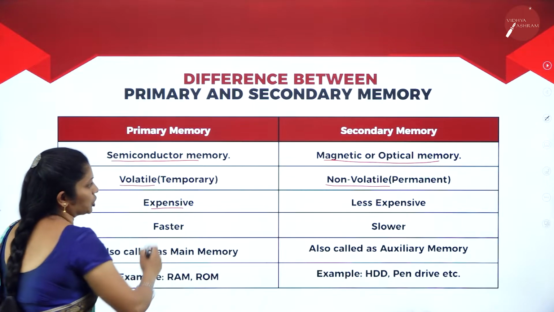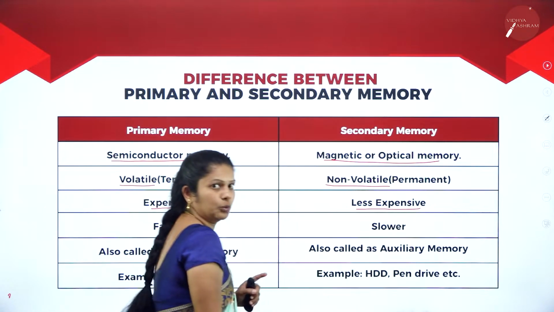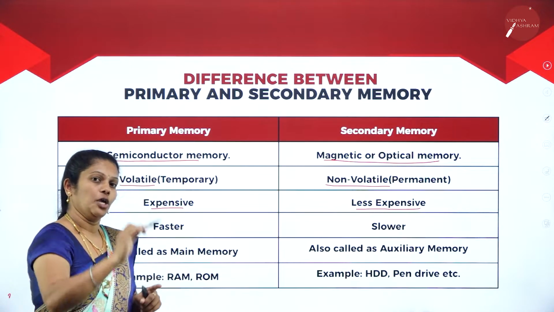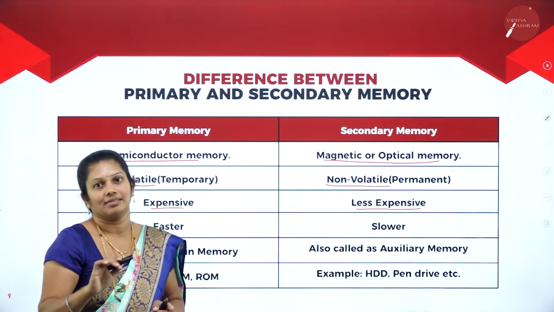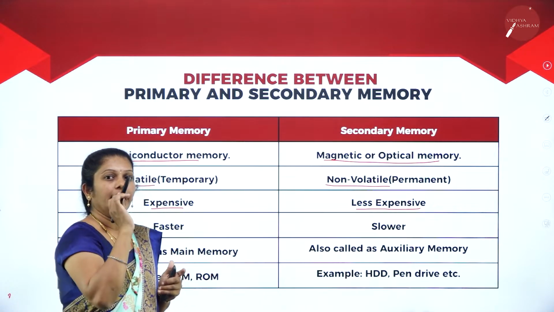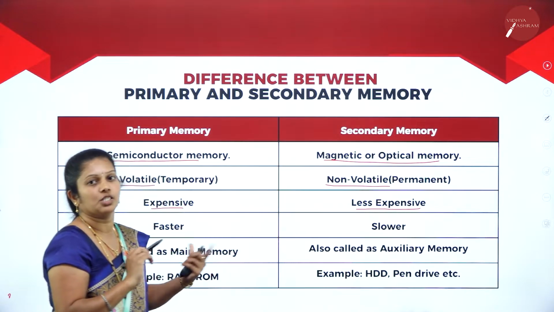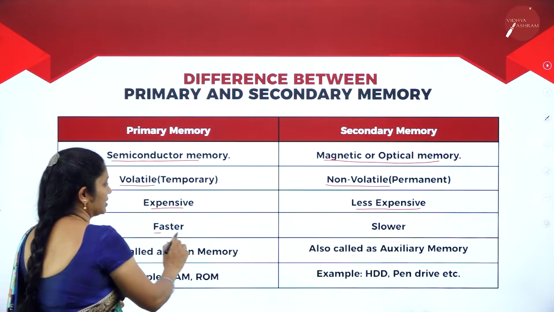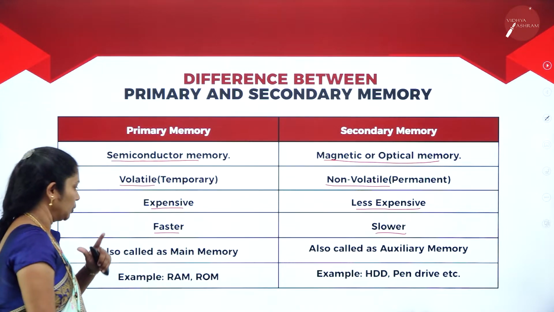Primary memory is expensive, whereas secondary memory is less expensive. It stores data permanently, and a huge amount of data as well, but cost wise it is less. The cost of primary memory is more because it can store only a small amount of data, but speed wise it is much faster, whereas secondary memory is very slow.